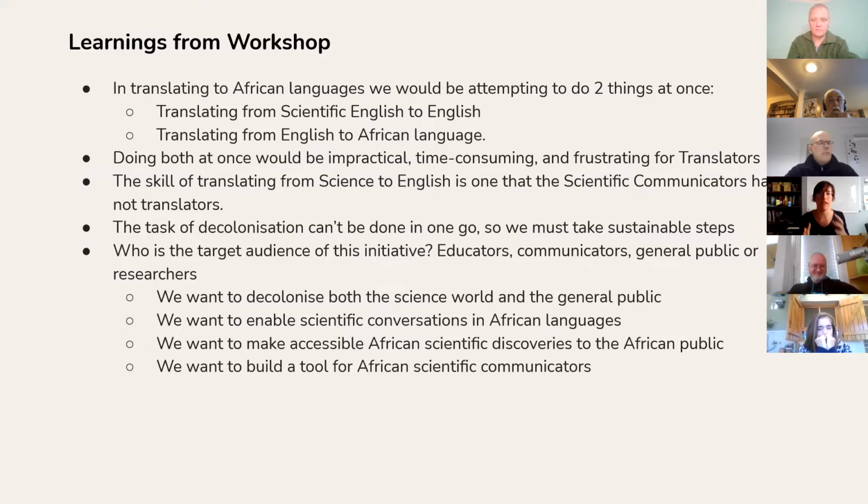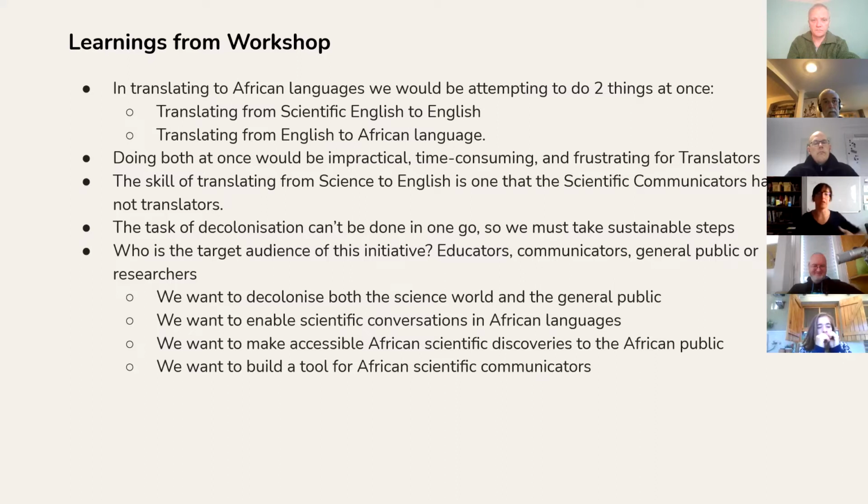And we didn't want to lose sight of our goals. Despite realizing how infeasible this would be to do right now, we really want to decolonize this field. We'd like people on the African continent to be able to talk about science to each other, two scientists talking about their work in isiZulu, for example.